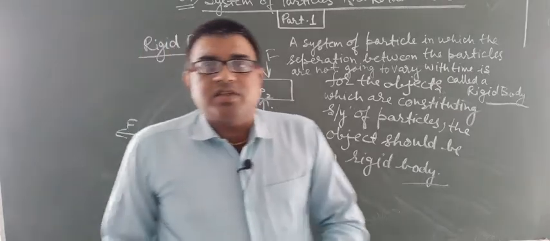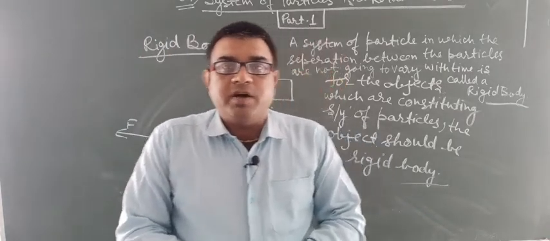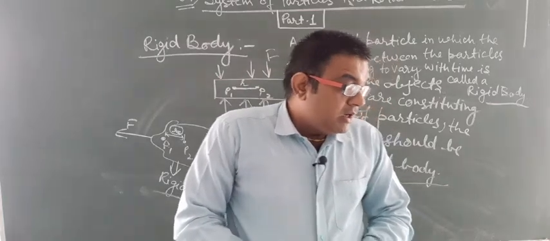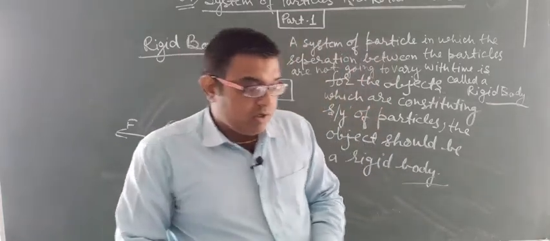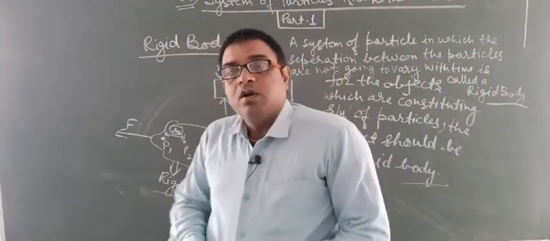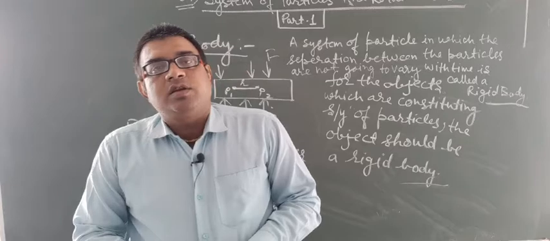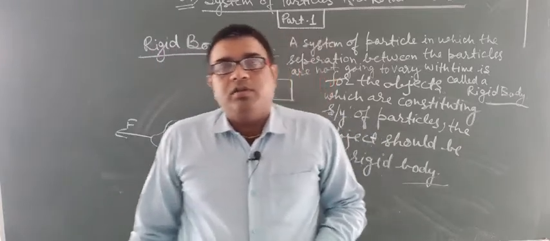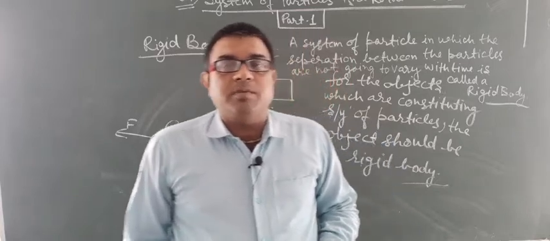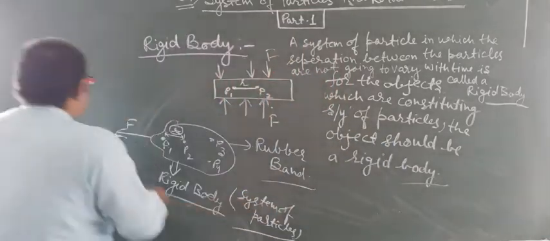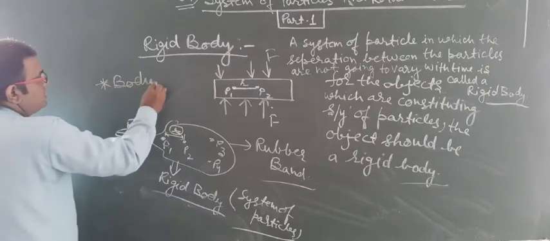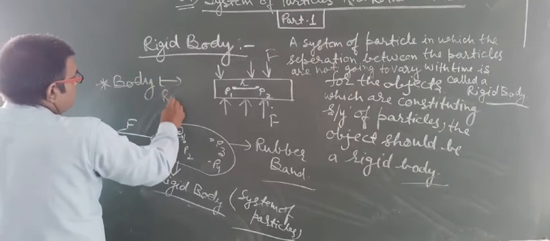Now we have discussed system of particles and rigid body. Now we are going to discuss the different kinds of motion of a rigid body. So now from here, dear students, whenever we are talking about the body in rotational motion, if I use the term body, it means I am talking about the rigid body.